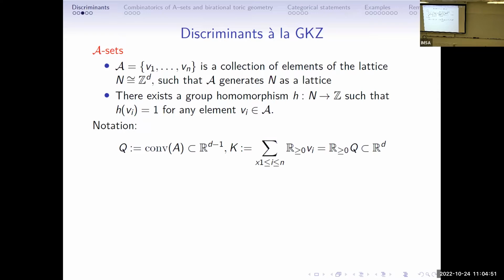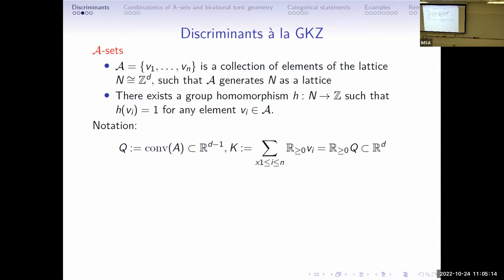For technical reasons, this condition is important for their approach. Of course, we can start with any set and then either raise the dimension or move it into a hyperplane or something like that. That is something people do in the field.